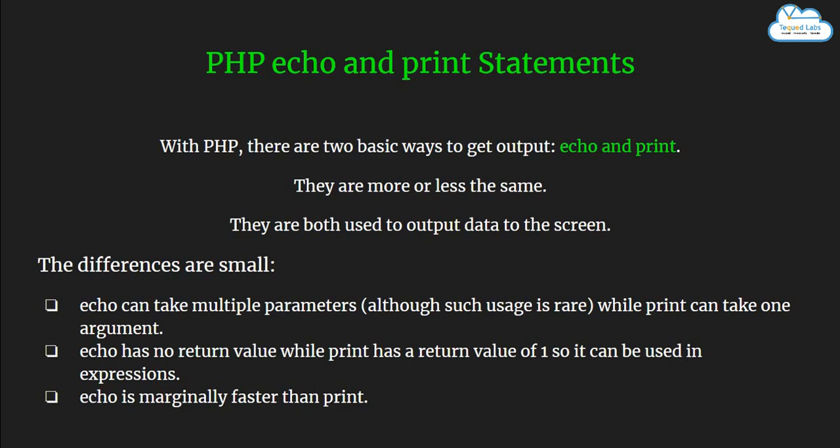So when you use print, it can be used in expressions, because it has a return value. Next, echo is marginally faster than print. There's a difference of a millisecond or so, so echo is executed a little bit faster than print.